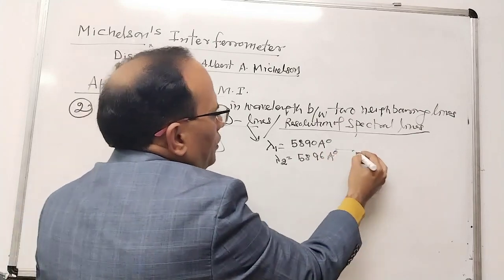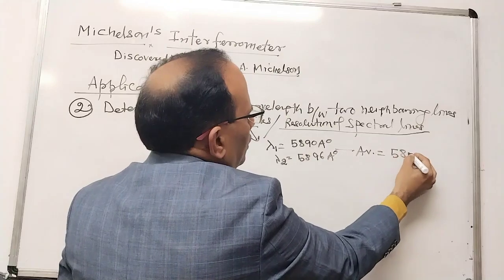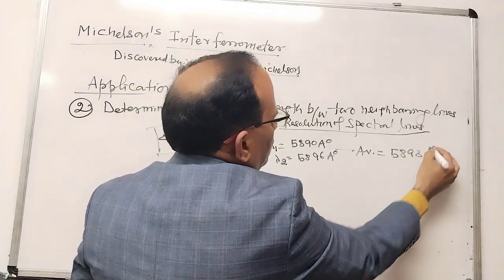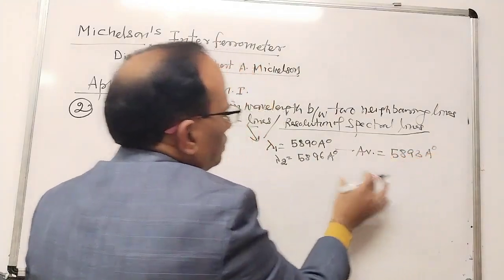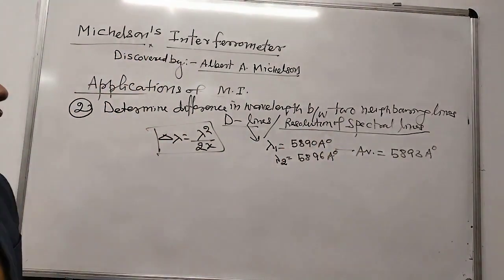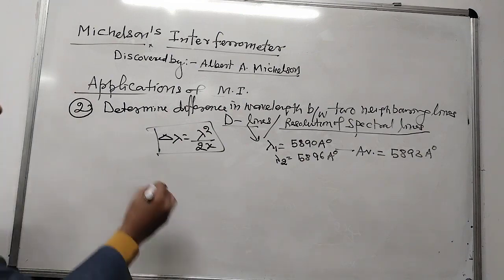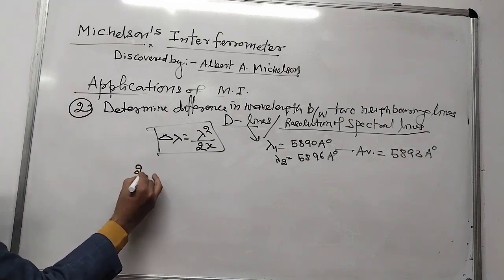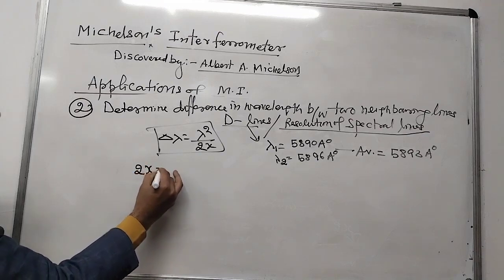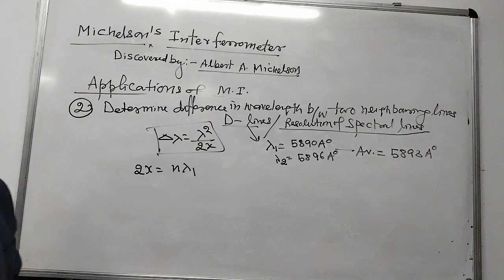If we take the average of these, the average becomes 5893 angstrom. This is the well-known wavelength of sodium light. So there are two wavelengths, λ1 and λ2. Keeping that in mind, the path difference is equal to nλ1.